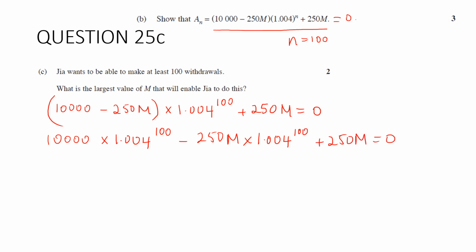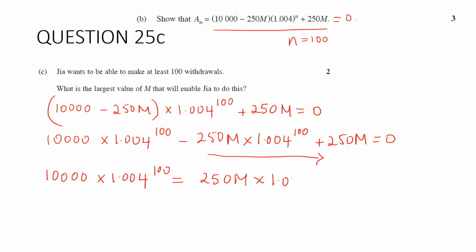Okay, I'm going to take these two over to the other side. 10,000 times 1.004 to the power of 100 is equal to 250m times 1.004 to the power of 100 minus 250m. And let's factorize this: 250m brackets 1.004 to the power of 100 minus 1.